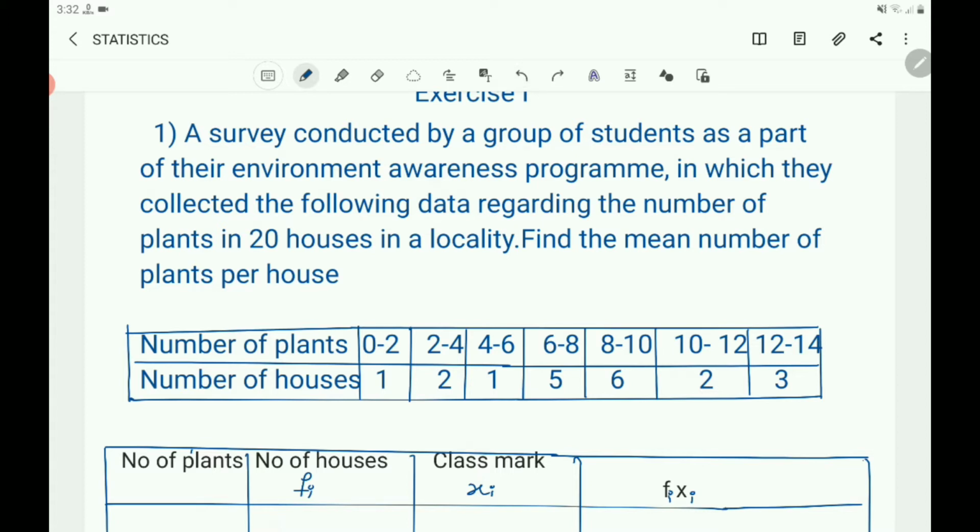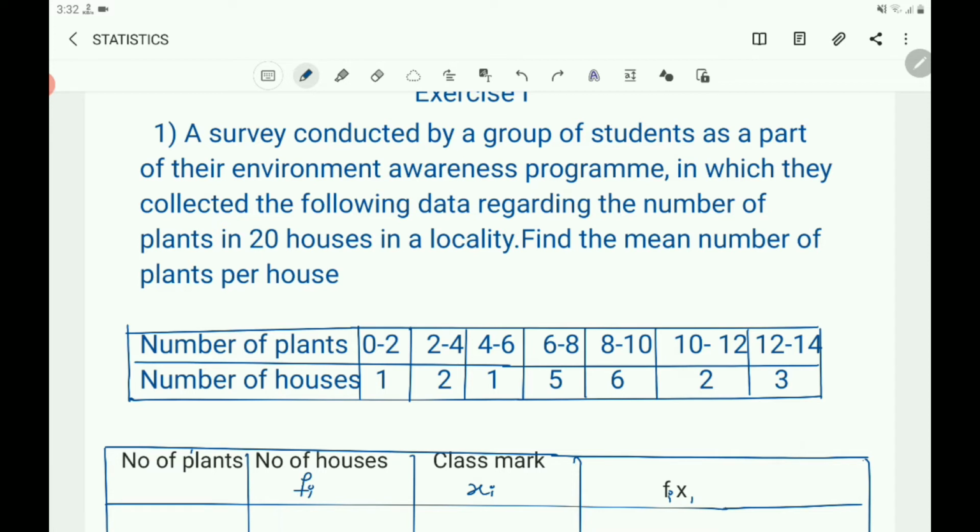For the number of houses: 0 to 2 plants are collected from only one house, 2 to 4 plants from 2 houses, and 4 to 6 plants from one house. 6 to 8 plants are collected from 5 houses, 8 to 10 plants from 6 houses, 10 to 12 plants from 2 houses, and 12 to 14 plants from 3 houses.